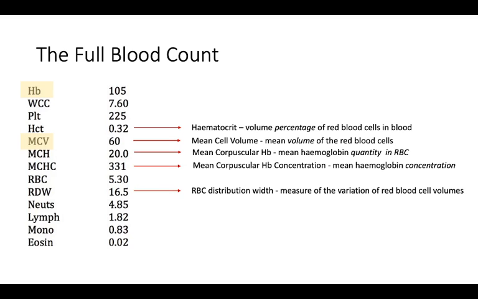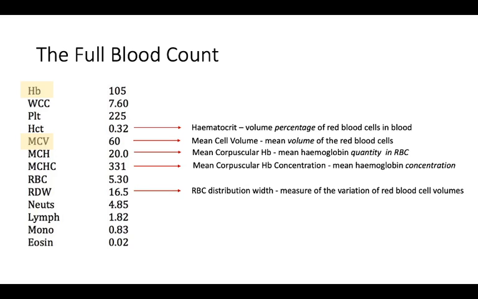Then we have RDW, which is also known as red cell distribution width. This is a measurement of the range of sizes of the red blood cells in our plasma. So if you have a higher value, it means there's more variation of red blood cell volumes. And this is known as anisocytosis.